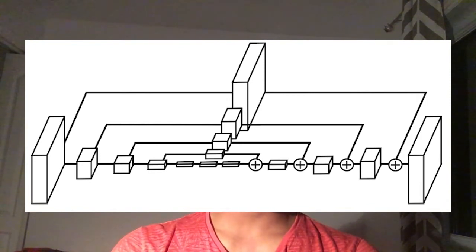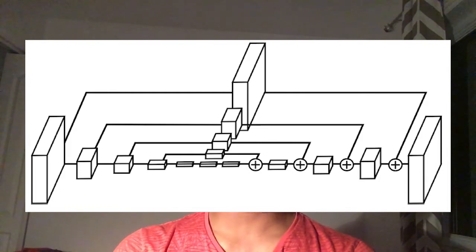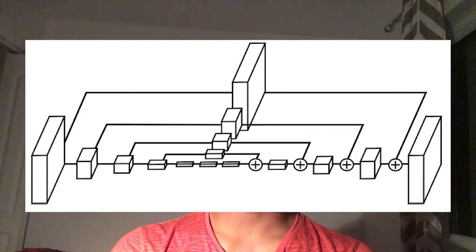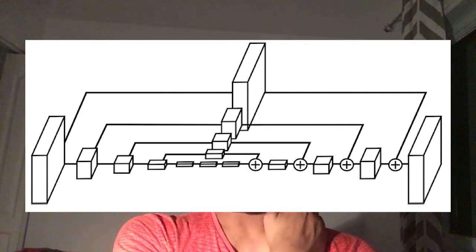After each cube, we preserve that spatial information from the encoding layer and pass it to the decoding layer, and this is how we are able to combine the spatial and feature information.